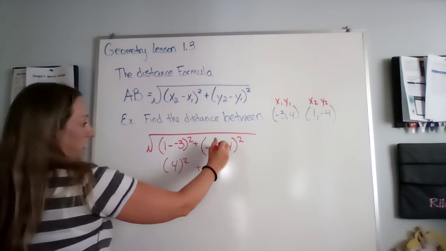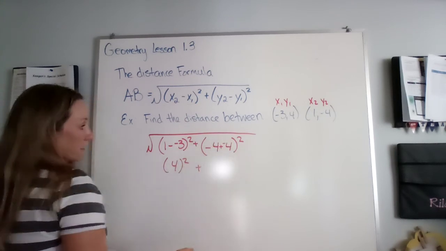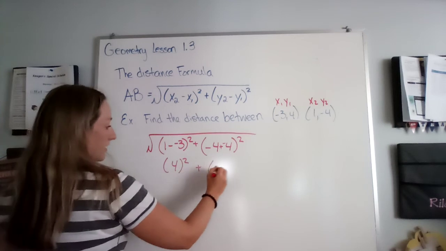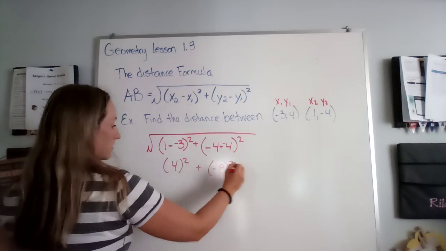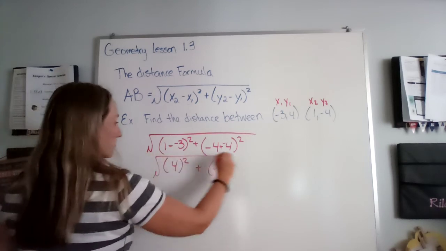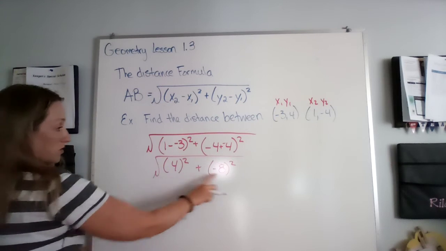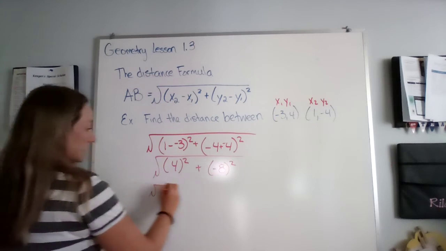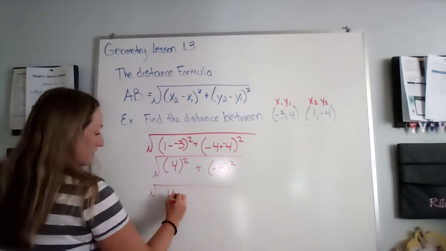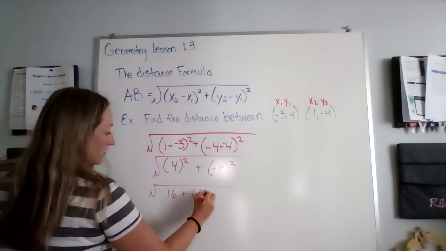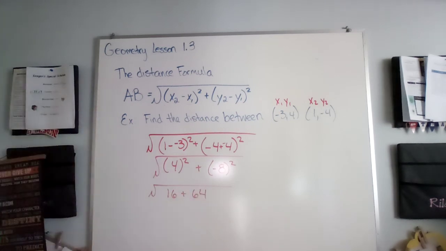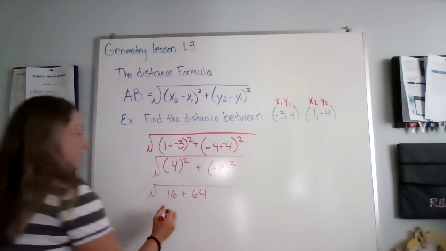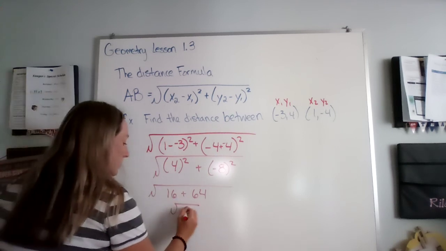Same change, so it's really -4 plus -4, which is going to be -8 squared. All right, order of operations, I'm going to square first, and now I have 16 plus 64, all under the square root. So that's going to give me 16 plus 64 is 80, square root of 80.